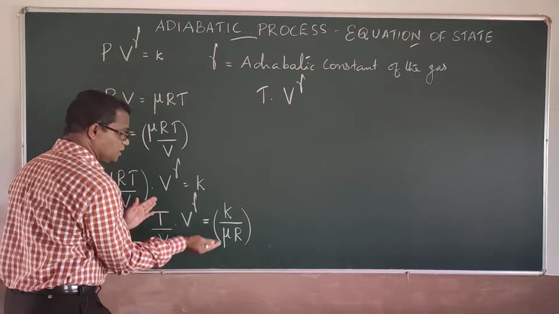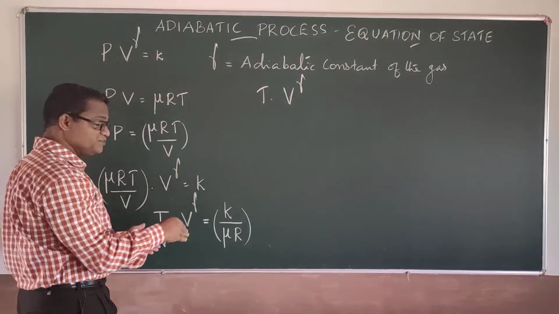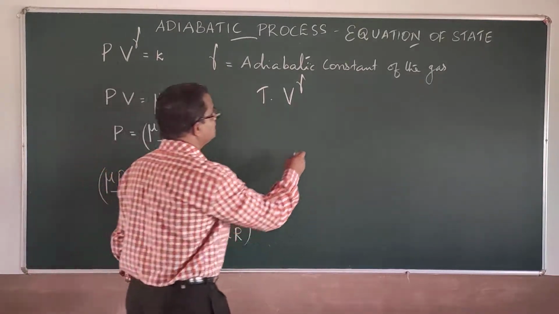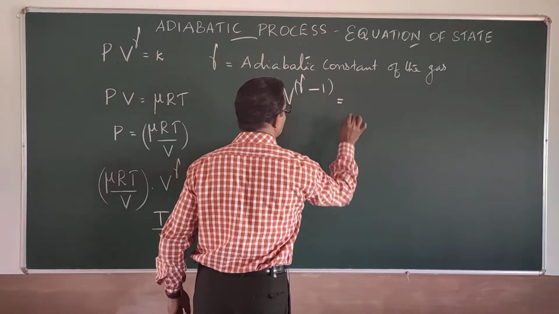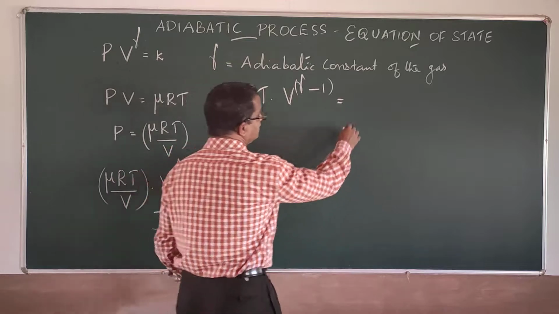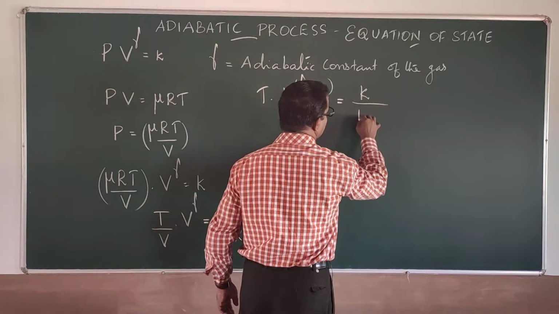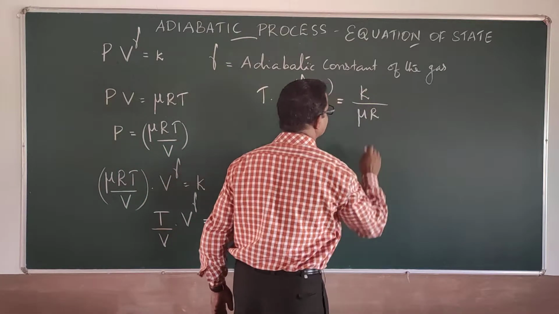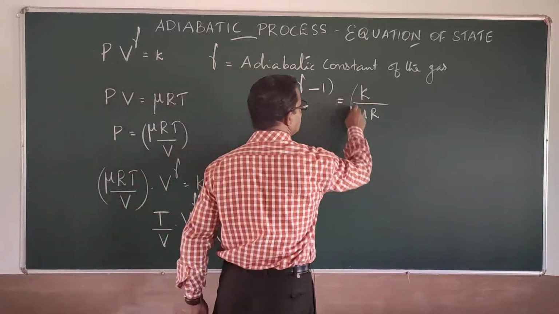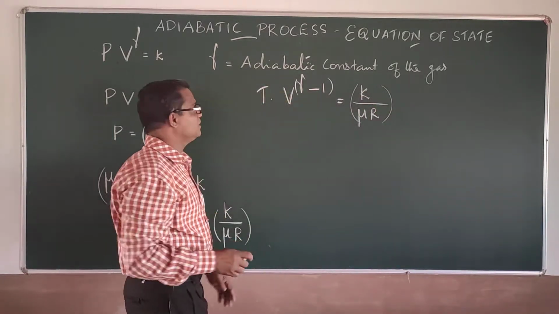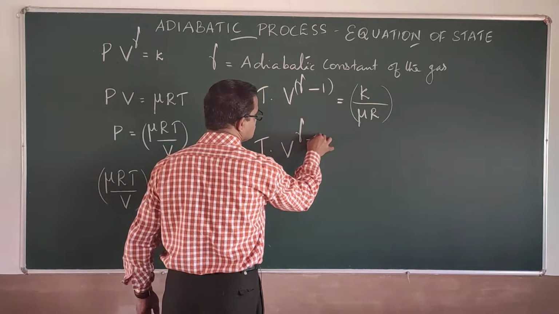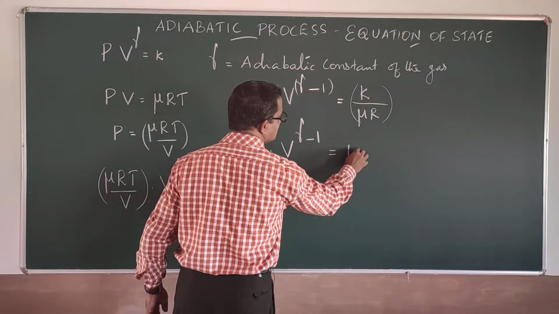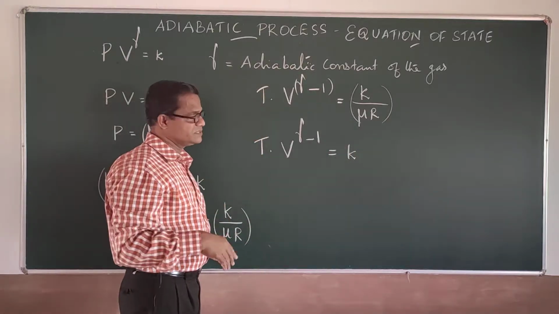This V raised to 1, when it goes up, it comes as V raised to minus 1, and therefore equal to K divided by mu into R. Now this K divided by mu into R, the whole constant I could say, therefore I can rewrite this as T into V raised to gamma minus 1 is equal to a constant.